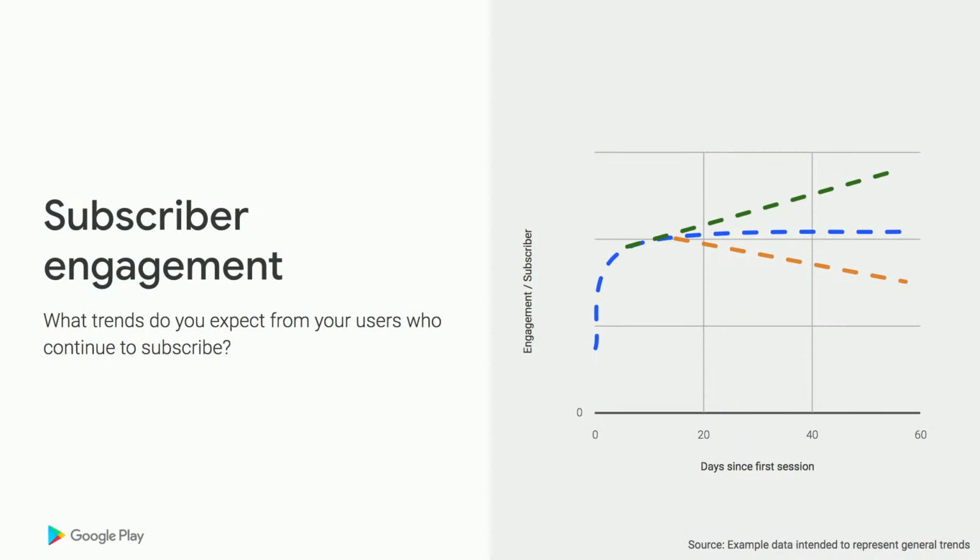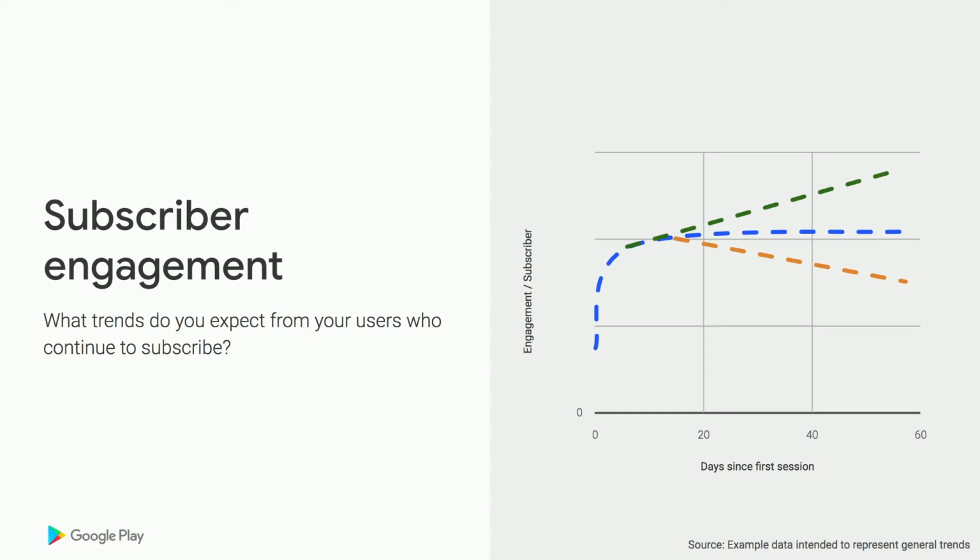Now, I showed something similar to this in the last webinar series. The user's engagement rate over their life cycle is very important to limit any general churn from your title. However, this time we're looking at the subscriber engagement from their first session throughout their life cycle. The most common reason for subscriber churn is lack of usage. Users are, of course, likely to cancel a subscription if they don't use it.